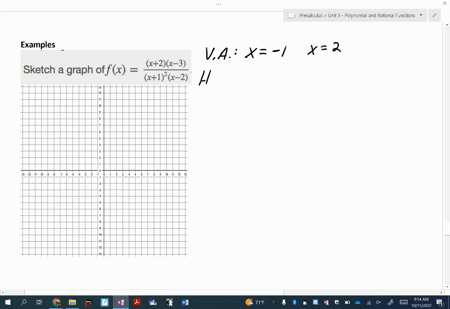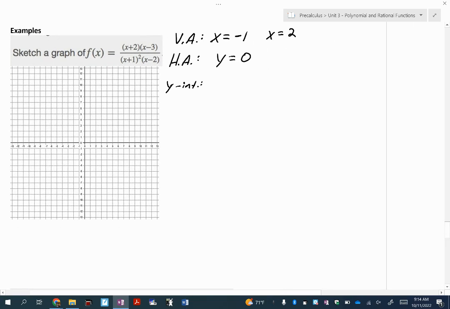In terms of my horizontal asymptotes, all right, my degree of my numerator is 2. X times x is x squared. My degree of my denominator would be x squared times x, which is x cubed. If the degree of the numerator is less than the degree of the denominator, then it's y equals 0. Let's find the y-intercept. Go and plug in 0 for our function, so f of 0.